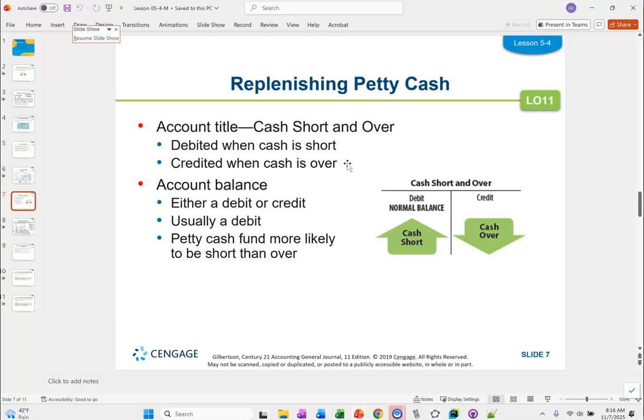So when replenishing the petty cash, we need to record the cash short or over, and record it as a debit when cash is short and a credit when cash is over. And then the account balance, again, either a debit or a credit. Typically, it's a debit.